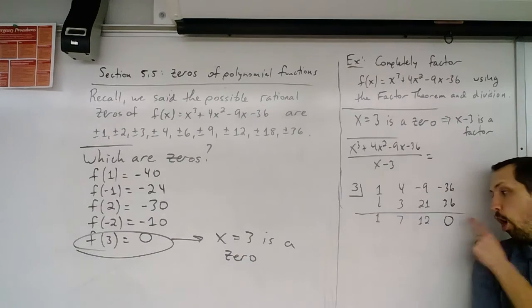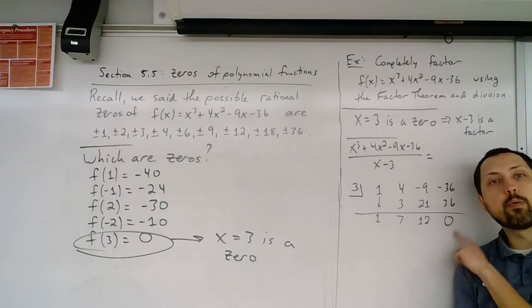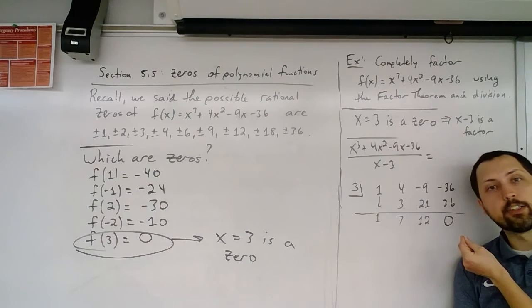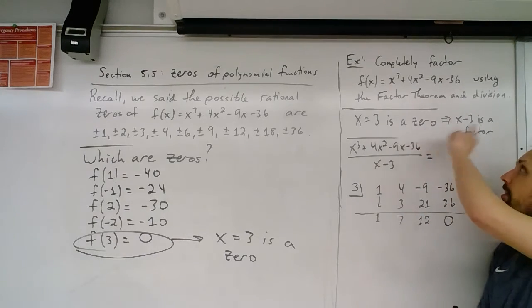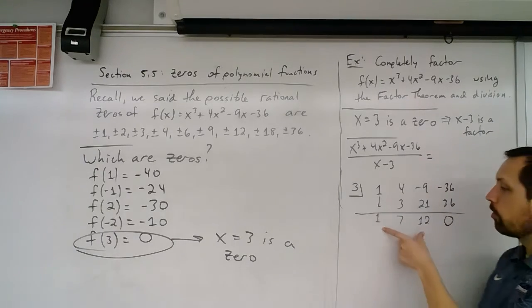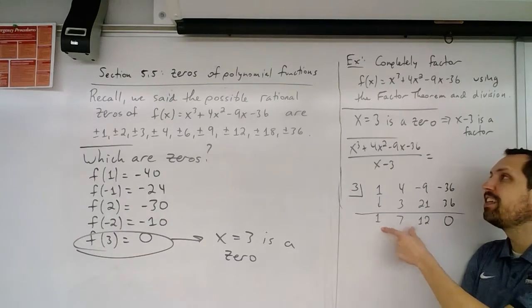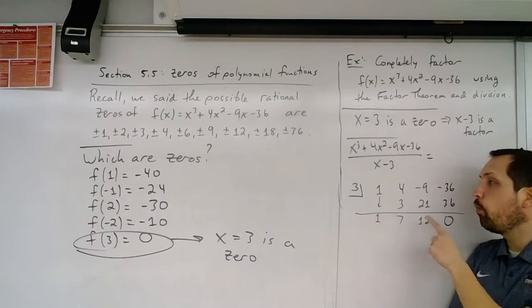Now again, remember, this always, always, always should be 0. Our remainder should be 0 when we know something is a factor. If it's not a factor, then this won't be 0, but it is because by the factor theorem we know that this is a factor. Again, these are the coefficients of x's of a degree less than this. So this is now an x squared.